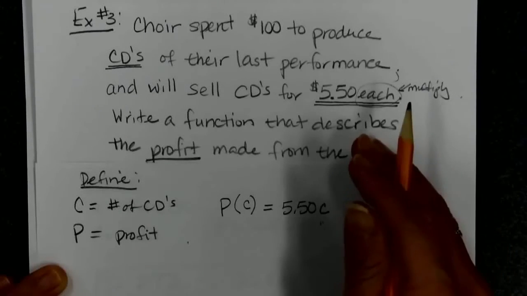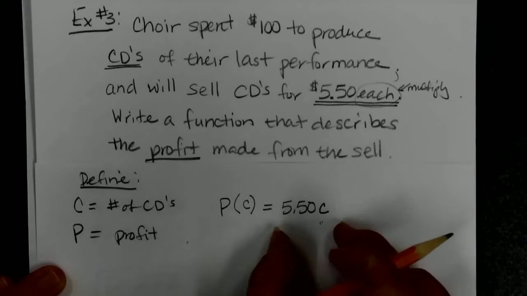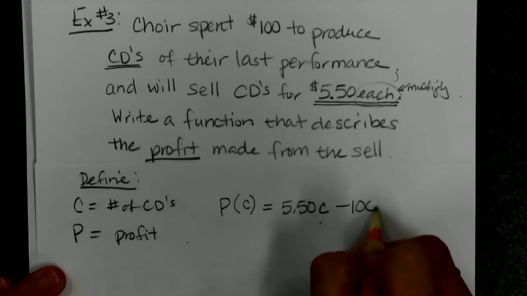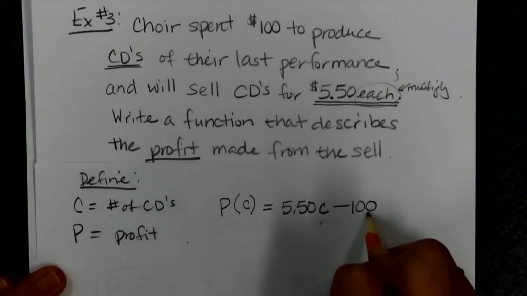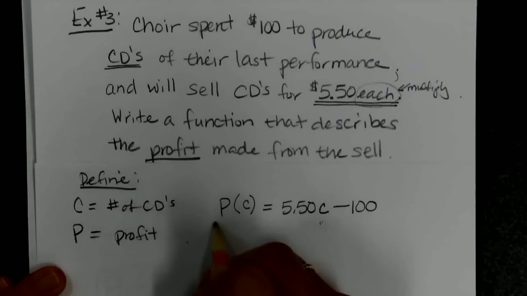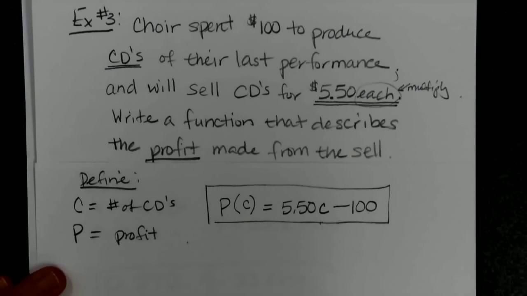So profit is where you cover the money that you spent on producing the CD, so you have to cover your costs, and anything after that would be your profit. So I'm going to take the money that I earned from selling and take away that $100, and the difference will be the profit, because I covered my $100, and anything after that will be the amount of profit. So this will be the function rule that would describe the situation.